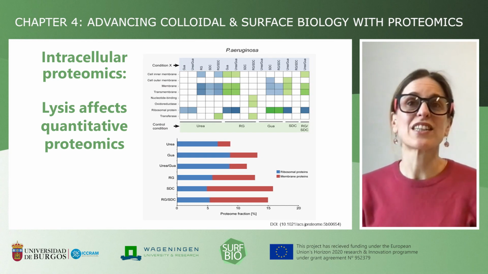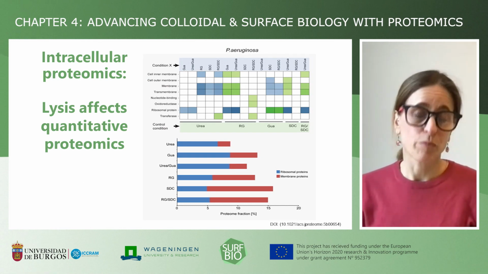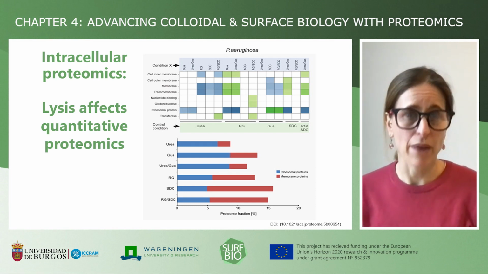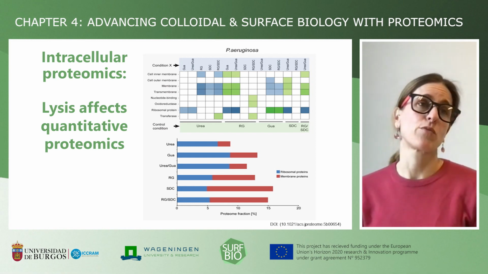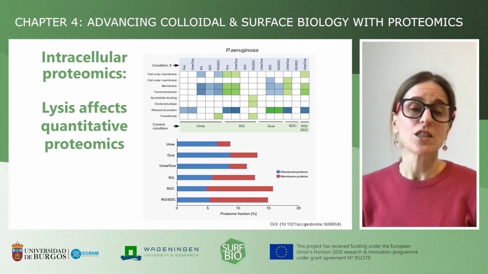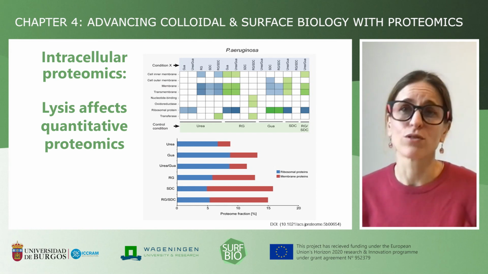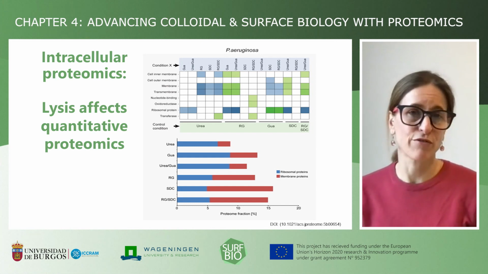Let's start with the cellular or intracellular proteome. First, the extraction of proteins from the inside of bacterial cells can be done via many methods. Lysis buffers might affect what type of proteins you extract and therefore what you see. This problem is highlighted here in the figure via the different amounts of ribosomal and membrane proteins extracted by using different buffers.